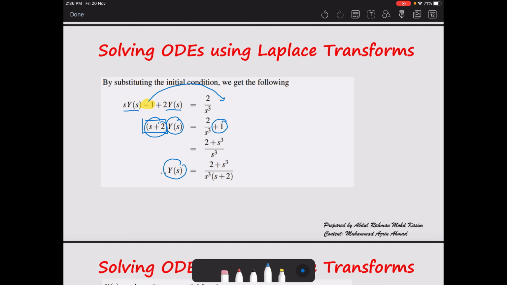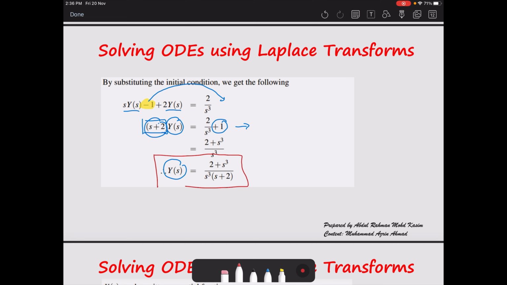From here, you simplify the numerator, so it will be 2 plus s cubed over s cubed, and then you bring s plus 2 over here. So you will end up getting Y(s) equal to (2 plus s cubed) over s cubed times (s plus 2).